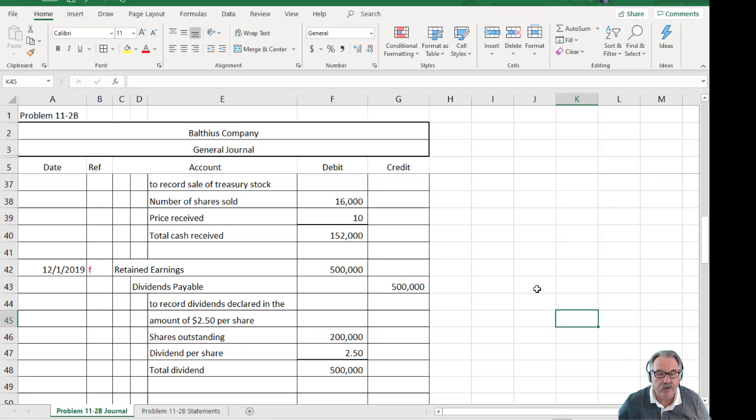Retained earnings is going down, and we're creating a liability that we will pay sometime in the future. It'll be paid January the 2nd.